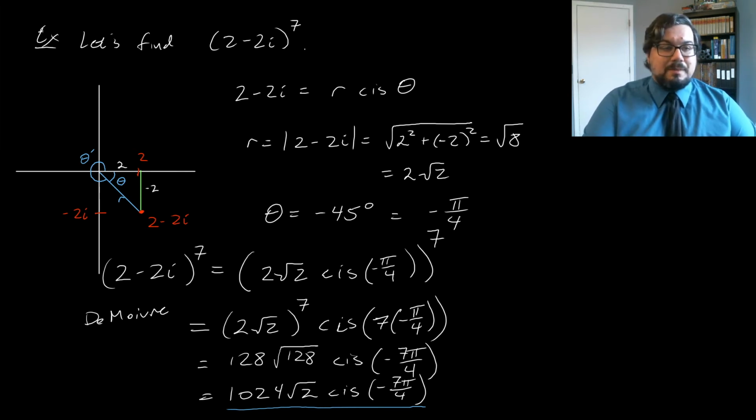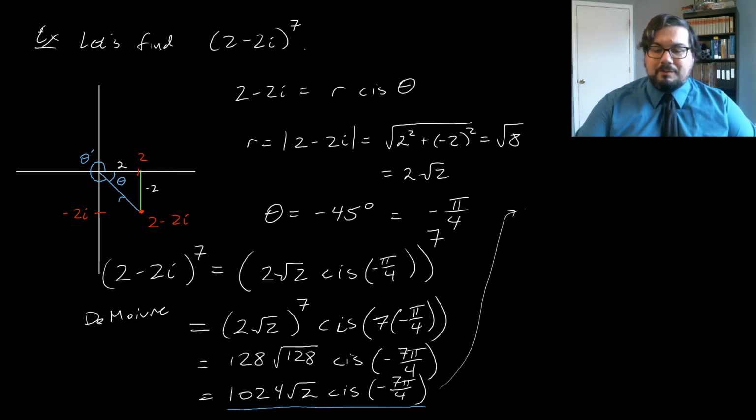We should change this back into rectangular form. So this equals 1024 square root of 2 times cosine of negative 7 pi over 4 plus i times sine of negative 7 pi over 4.